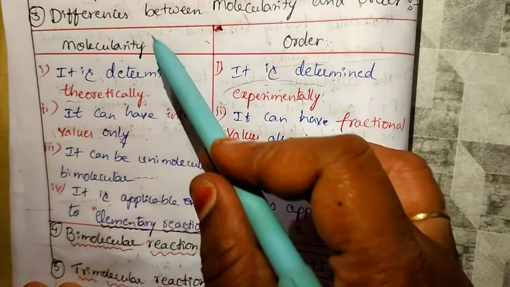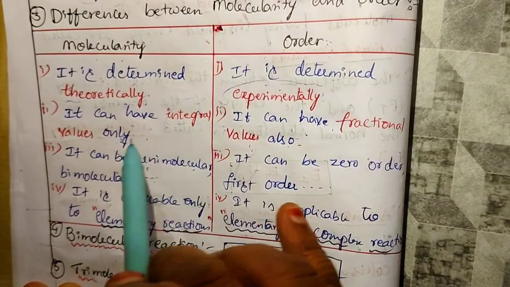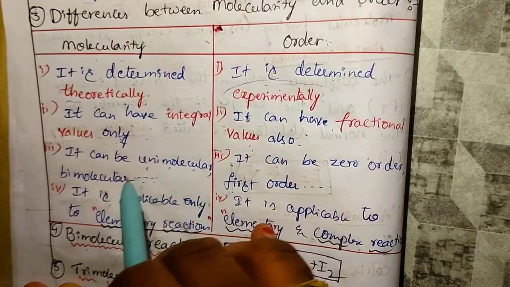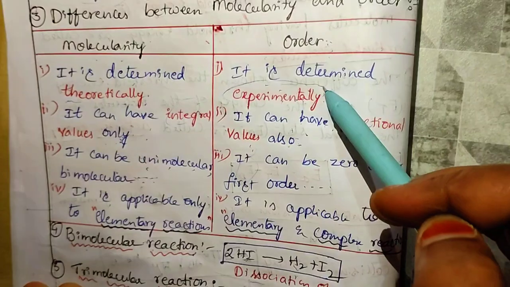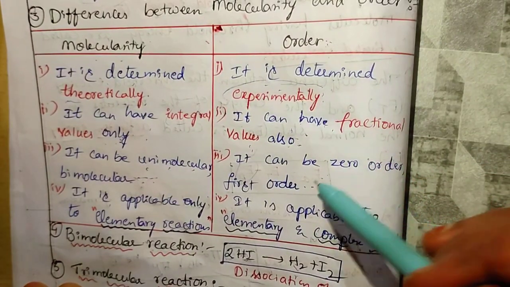Next, based on the molecularity, it can be unimolecular, bimolecular, termolecular. What about order? It may be zero order, first order, second order, like that.